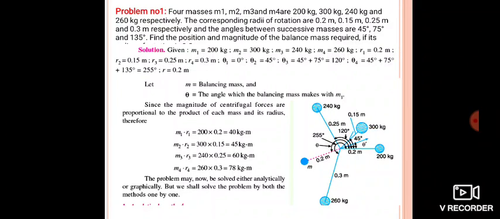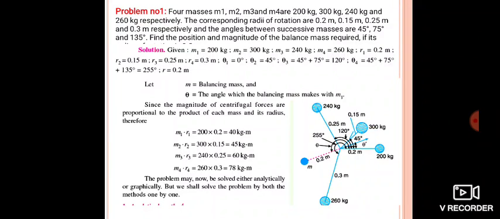Okay, so first write down the given data. So here the given data are m1, m2, m3, m4, as well as the radii r1, r2, r3, r4. Okay, the angles are also given, meaning that at that angle that particular mass is to be fixed, at the given distance. So here theta 1 is 0, theta 2 is 45 degree.